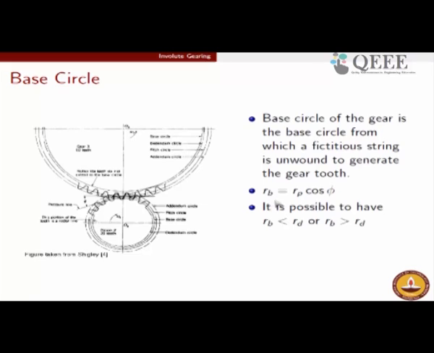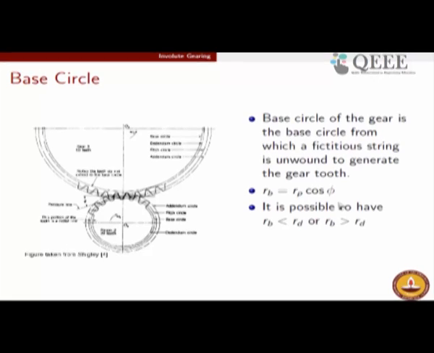For example, the formula for the base circle is Rb equals Rp cos phi, and the formula for the dedendum circle is Rd equals Rp minus dedendum, where dedendum is taken as 1.25 times the module simply as a rule of standardization. We are not going to get into how it was derived. It is derived from stiffness and strength considerations, but from standard formulas available in books of standards in gear design, we have picked up that Rd equals Rp minus 1.25 times module.